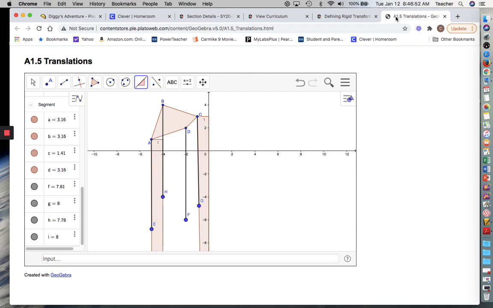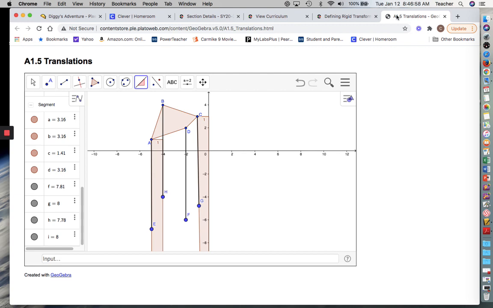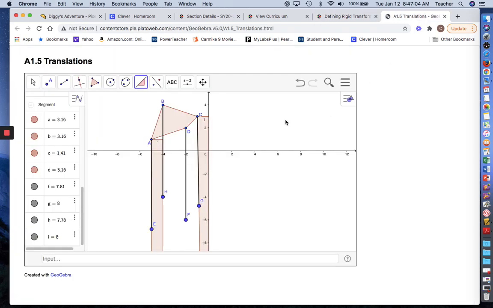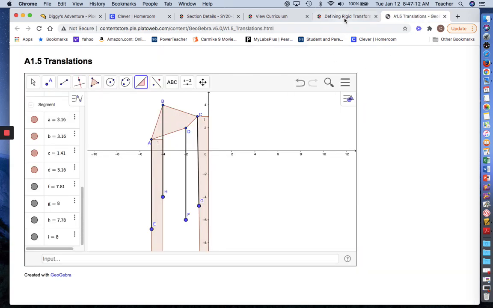The first one was AE. The second one was BH. The third one was DF. The last one is CG.